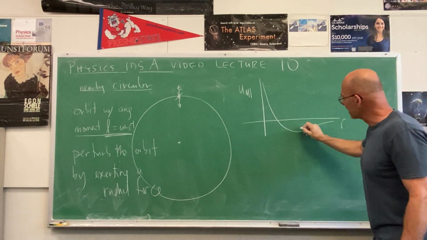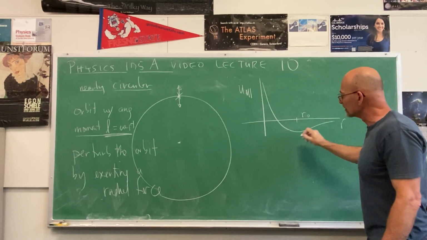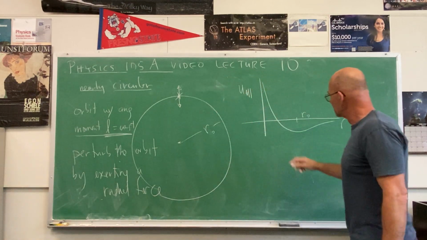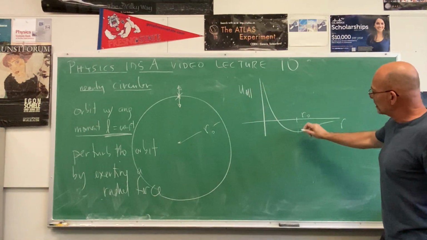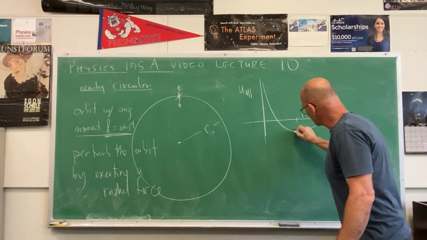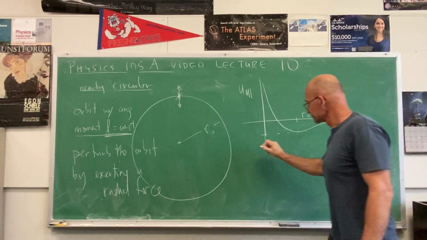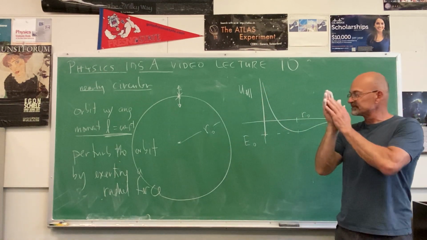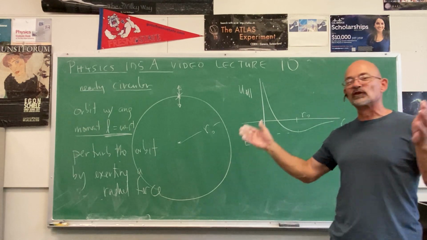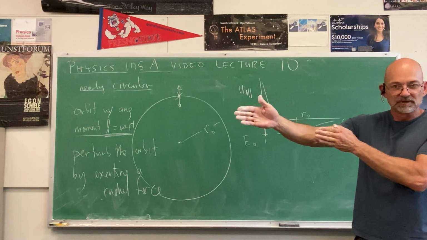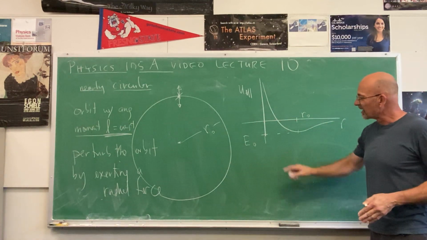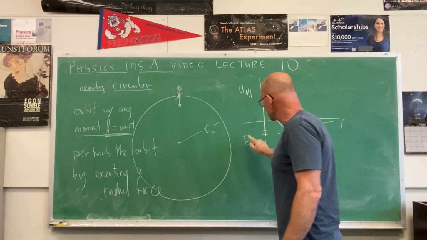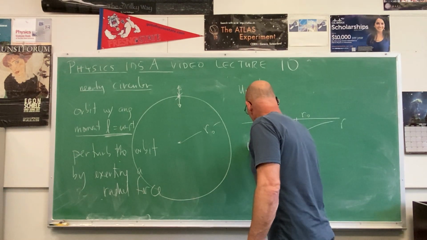Because basically speaking, here's our circle. Go ahead and draw an R sub 0 here. How about that? There we go. There's our circle, R sub 0. There's the corresponding energy. So that's E sub 0. Now I've exerted a radial force, and I've added energy. So now I have E0 plus delta E. So squeeze that in here.